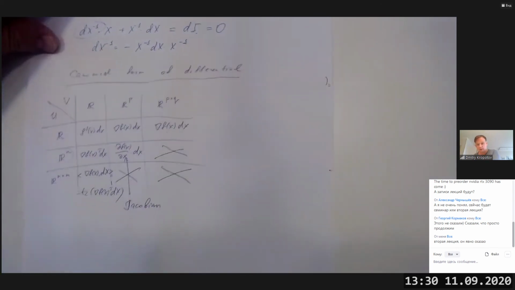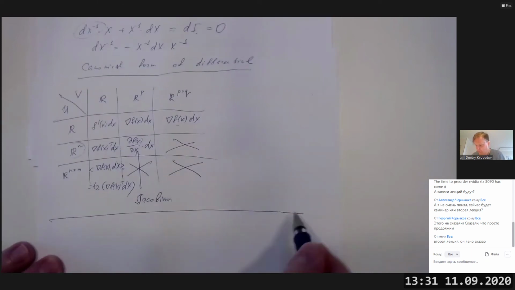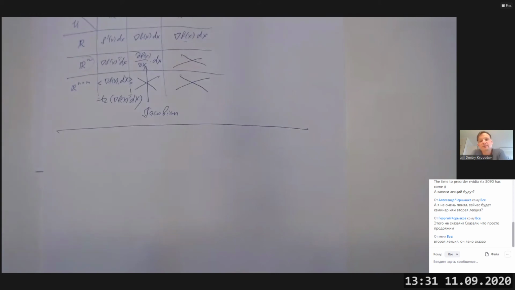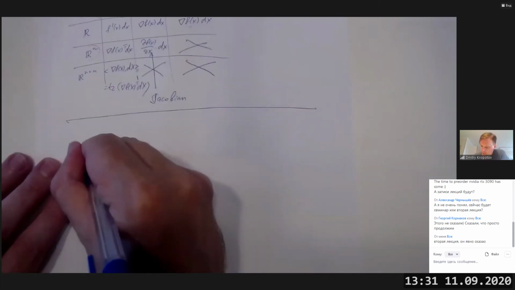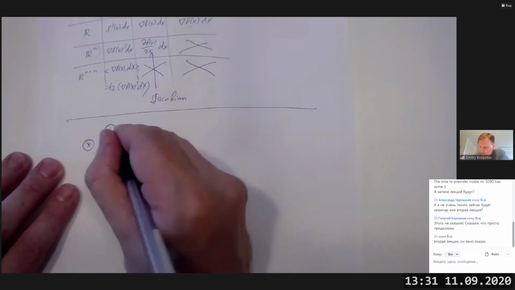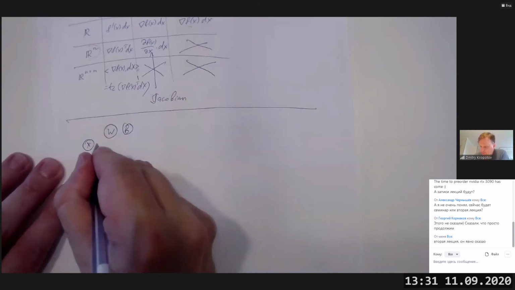Okay, now having this knowledge, let's try to derive the derivatives for a fully connected layer. So again, we have a computational graph of the following type. Let's also add a bias term.